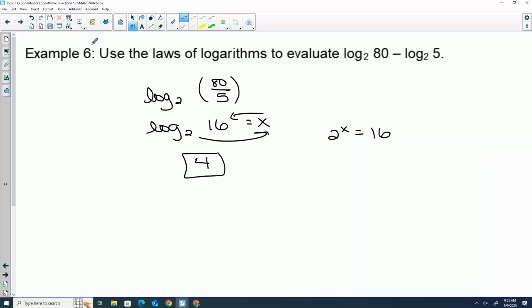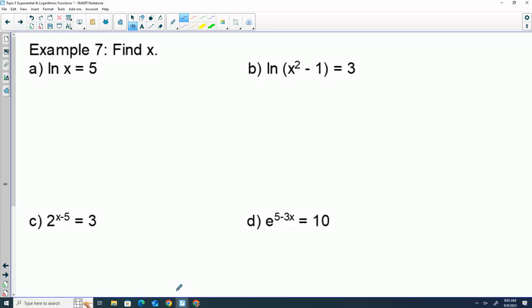Let's try a few equations with logs. So the first one, my base is what? e.